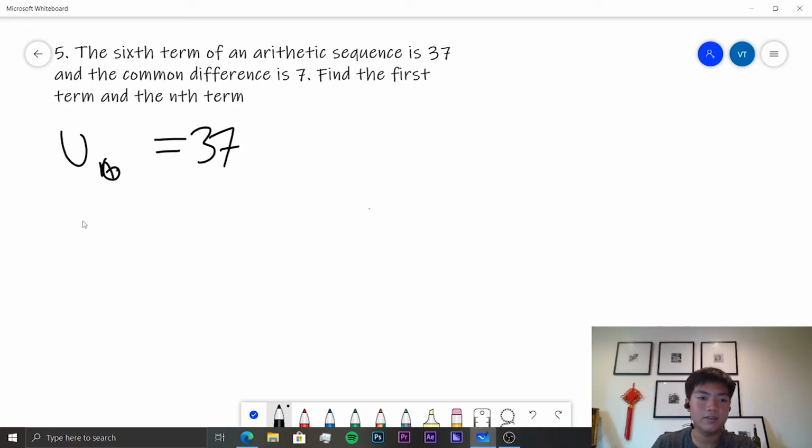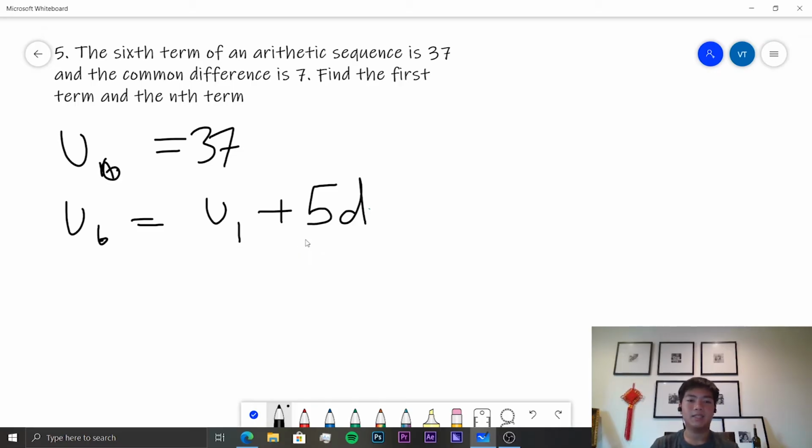But we also know that u6 is equal to, of course, the first term plus 5 times the difference. And that's because this should be n minus 1 times the difference, but since n is 6, 6 minus 1 is equal to 5. So it's 5 times the difference.